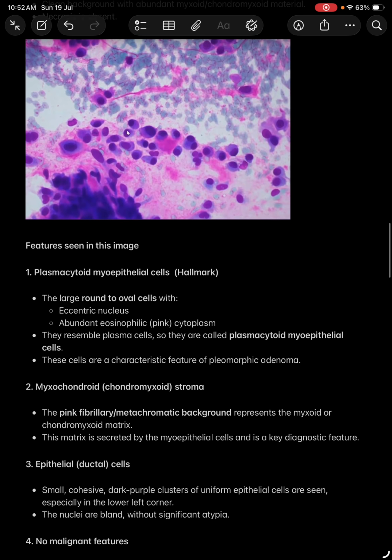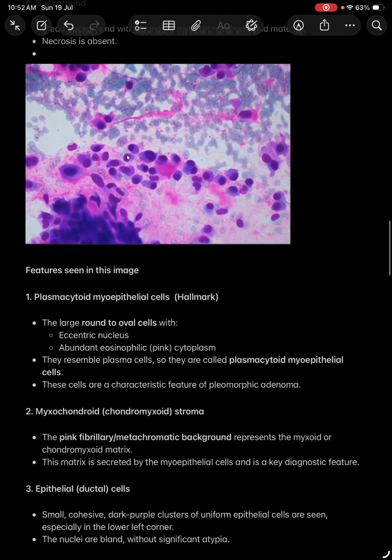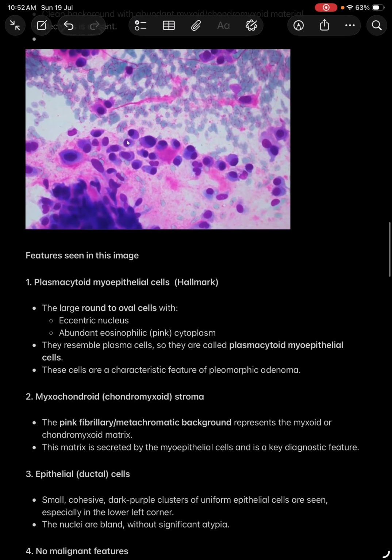Hallmark feature of pleomorphic adenoma: large round to oval cells with eccentric nucleus and abundant eosinophilic pink cytoplasm. They resemble plasma cells, so they are called plasmacytoid myoepithelial cells. These cells are a characteristic feature of pleomorphic adenoma.